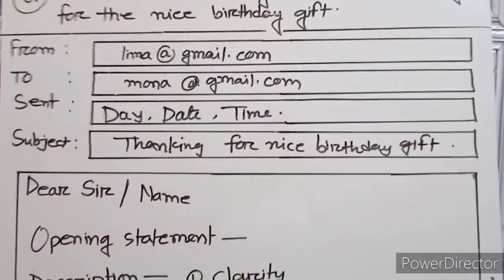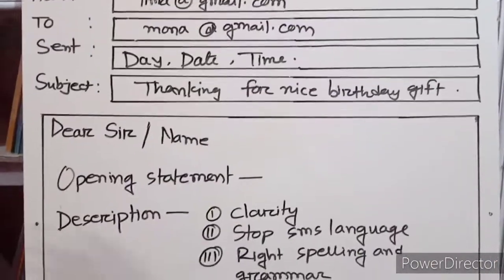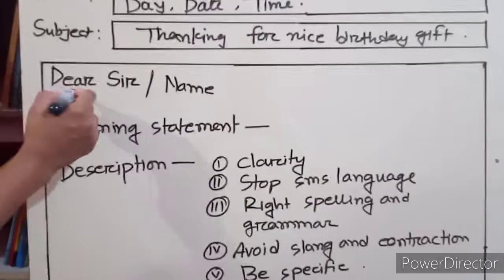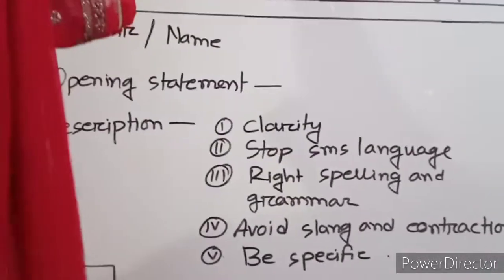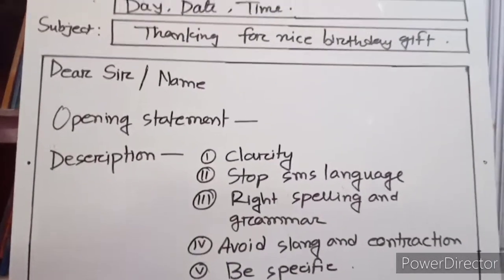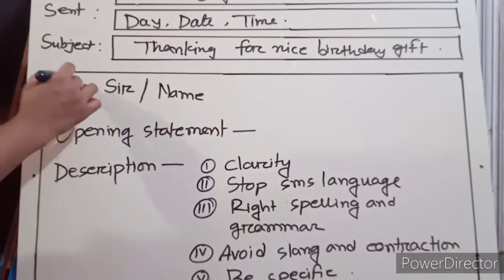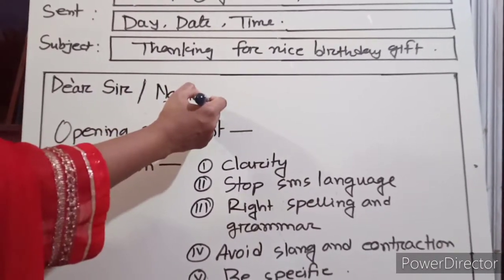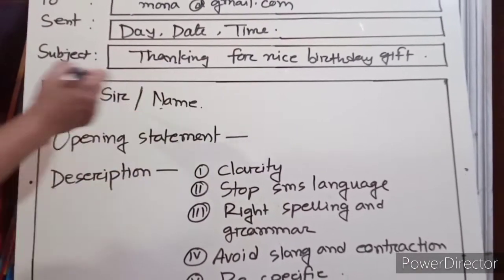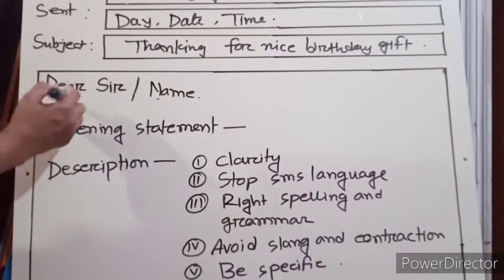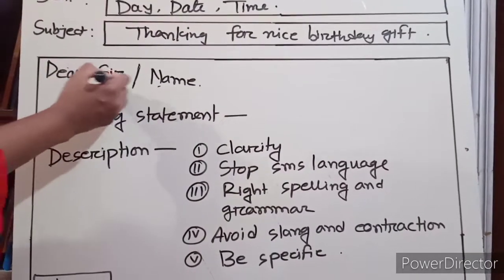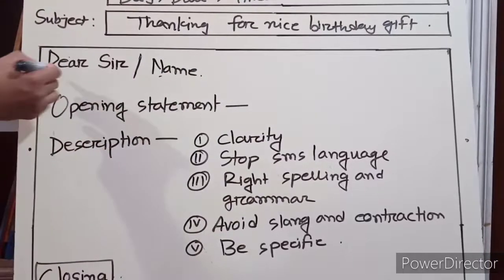That's all. Next, dear students, you can see there, if your email is personal, in that case you can write here, Dear, and the name, that means whom you want to write to. If it's professional, in that case you have to write Dear Sir or Madam. After that, it's a greeting.